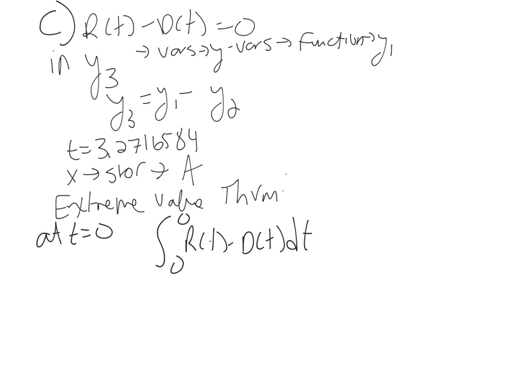This will give you the amount from 0 to 0. What we have to remember is that the problem tells us that there's already 30 cubic feet of water in the pipe at t equals 0, so I have to add 30. So when you integrate from 0 to 0, you get 0, then plus 30 is 30. Okay, at t equals, now here's our value that we found.